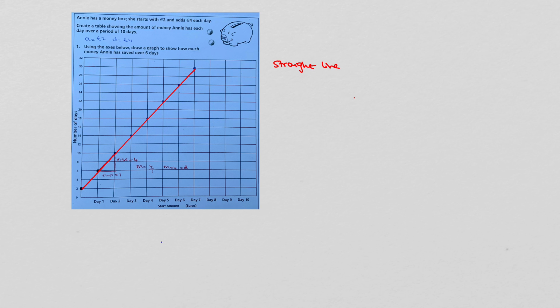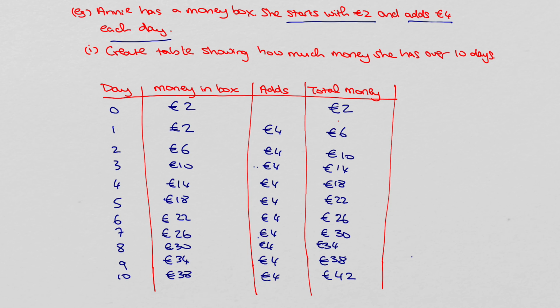And also, if I do rise over run, or I get the slope of the graph, I can see that the slope is equal to €4. And if I look, the 4 was constant because that's what I was adding every single day.